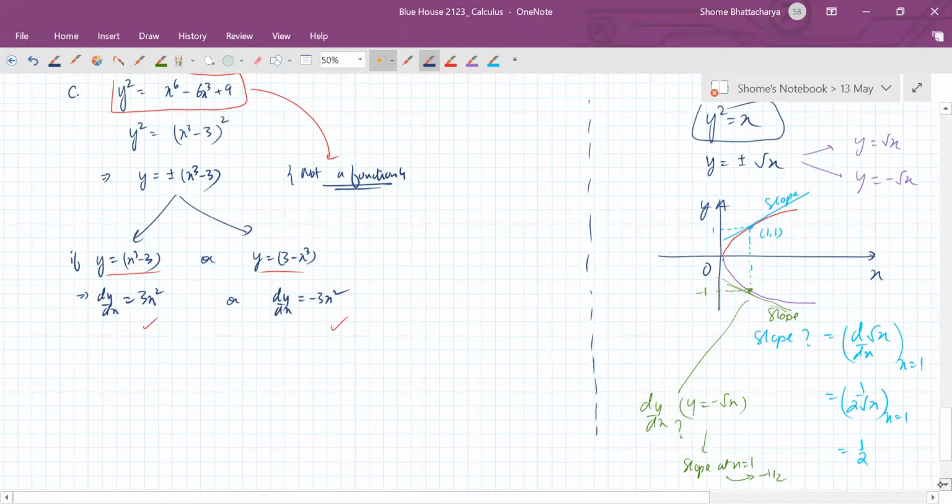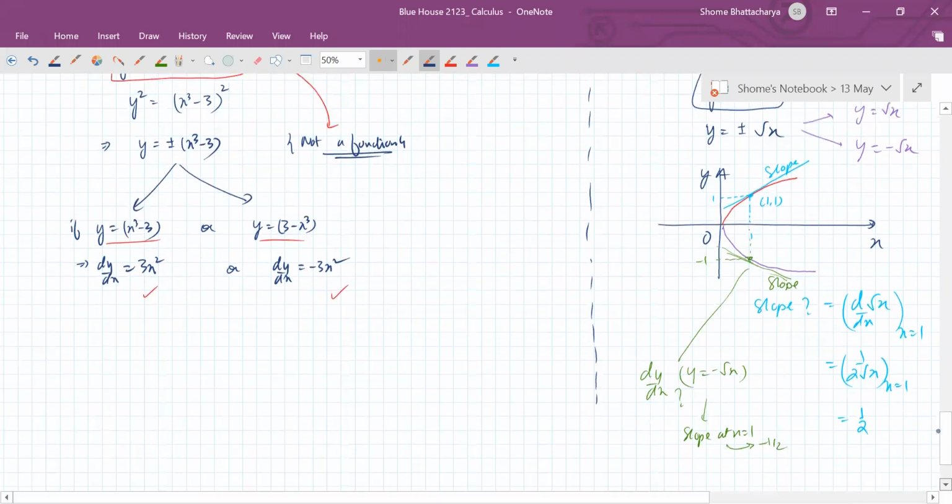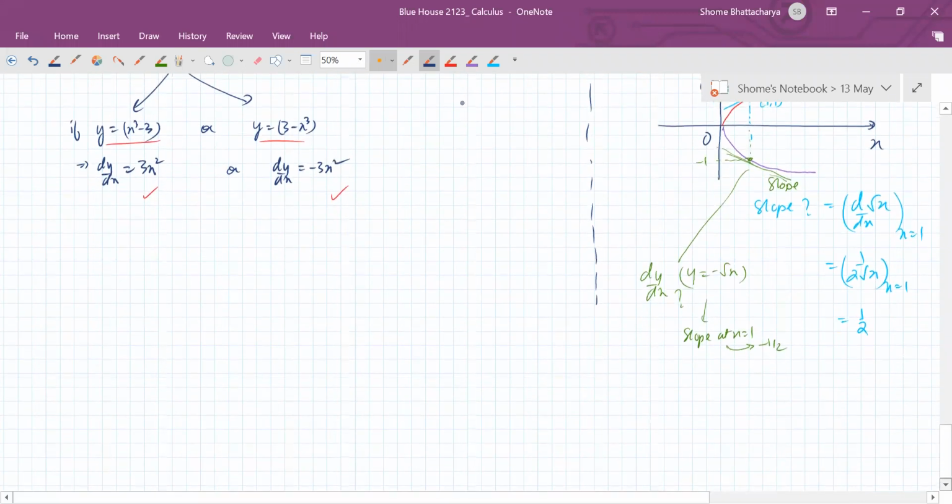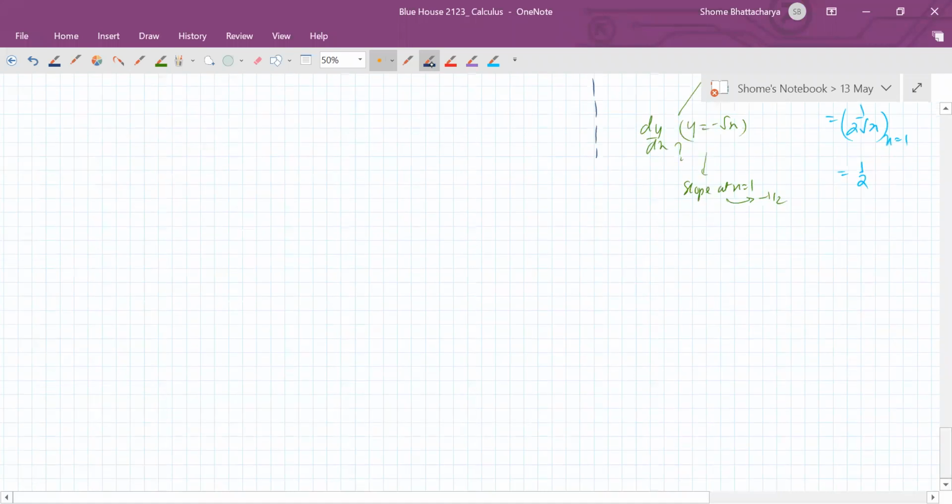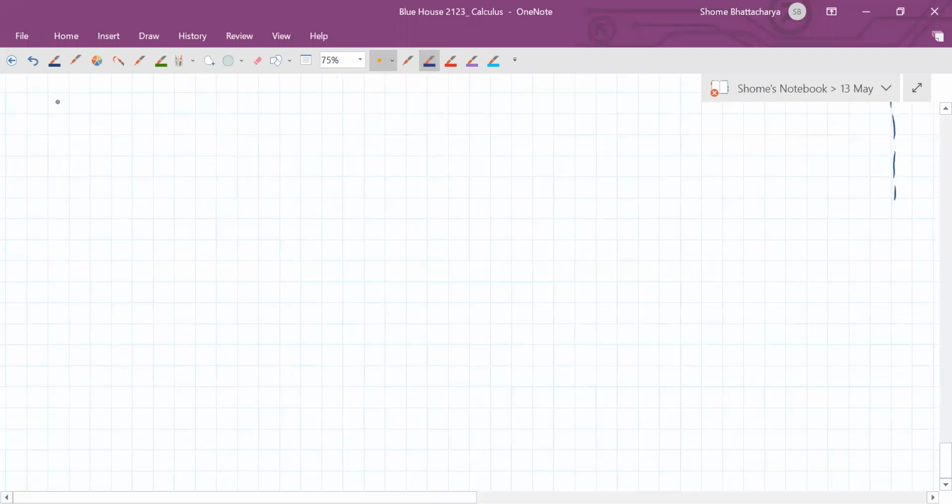Okay, so let me clarify the E part also, because I think there is an error in the hint or solution that I have sent you in the E part. So please just make an additional note of the answer which I'm going to get over here. So root x into x square plus 5x plus 2.